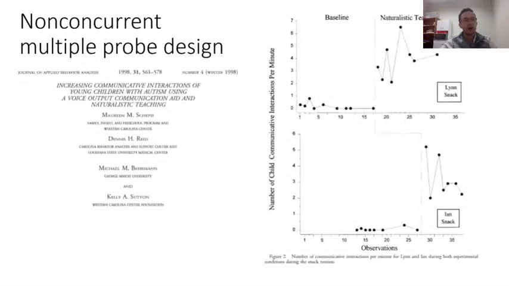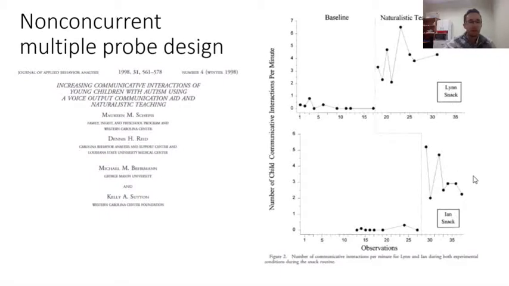Okay, now you can combine non-concurrent multiple baseline designs and non-concurrent multiple probe designs. So for example, in this study here, they have 2 participants, right, Lynn and Ian.